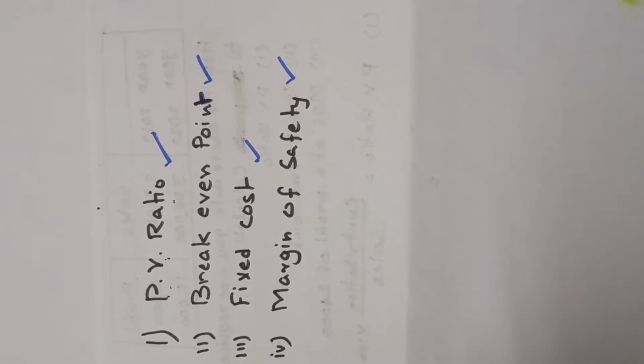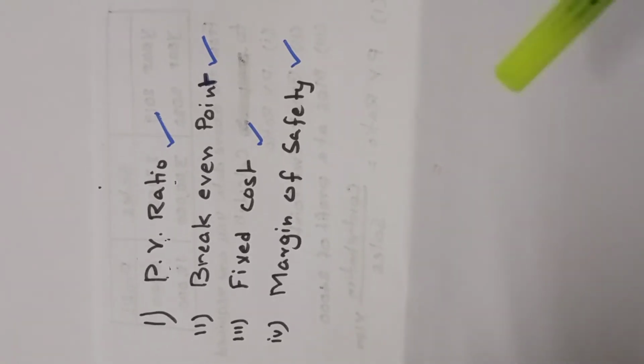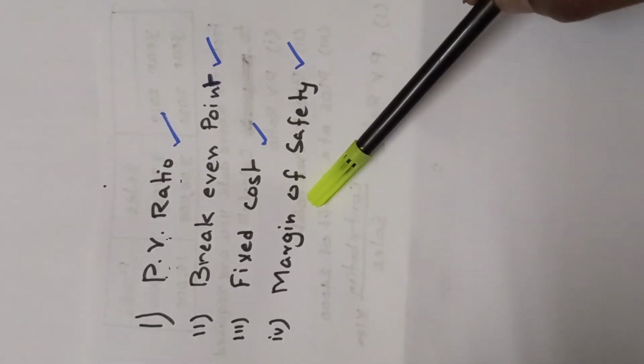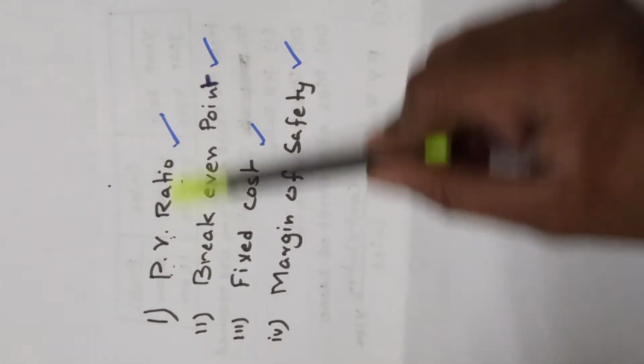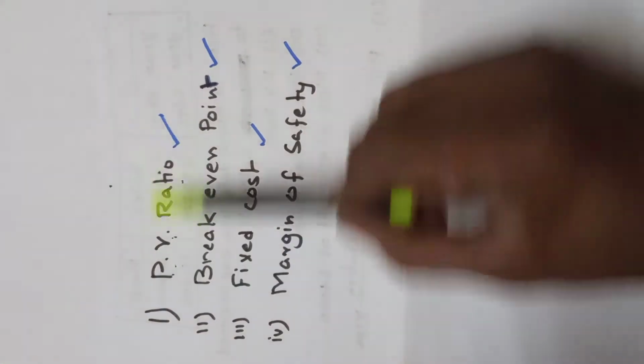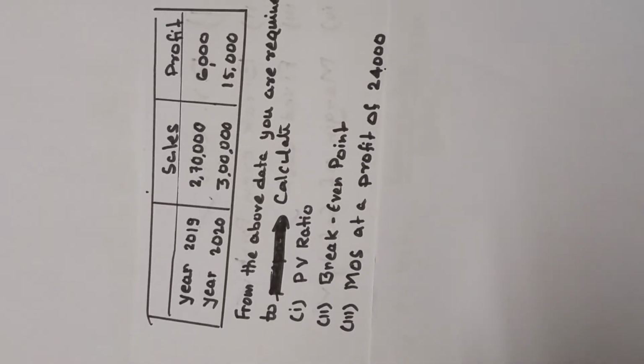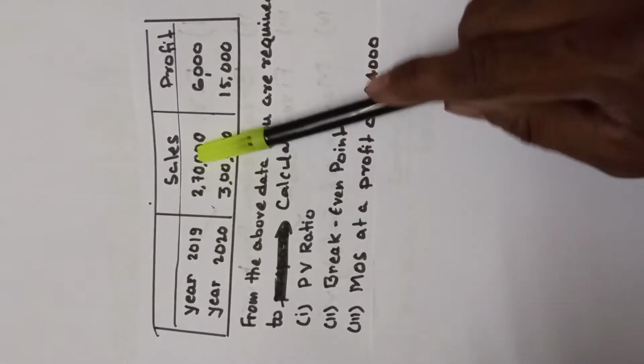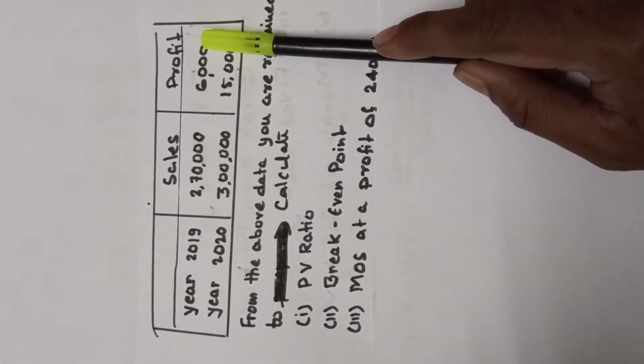In this video, we are going to learn how to calculate PV ratio, break-even point, fixed cost and margin of safety. We are going to calculate these four points with the help of this problem. The problem is given like this: year 2019, sales 2,70,000, profit 6,000.